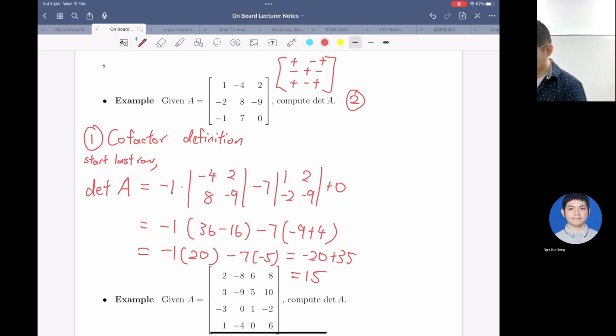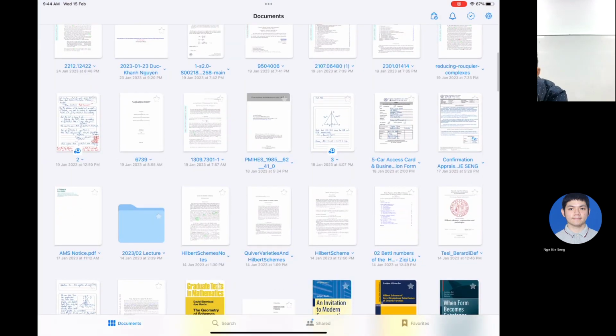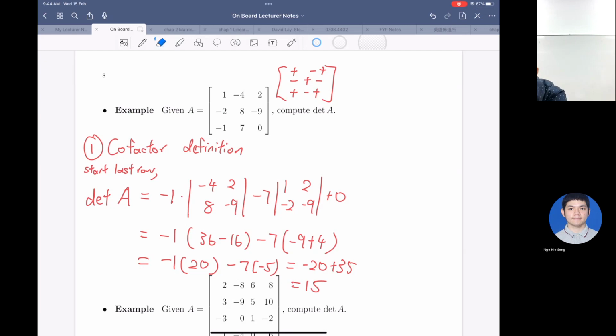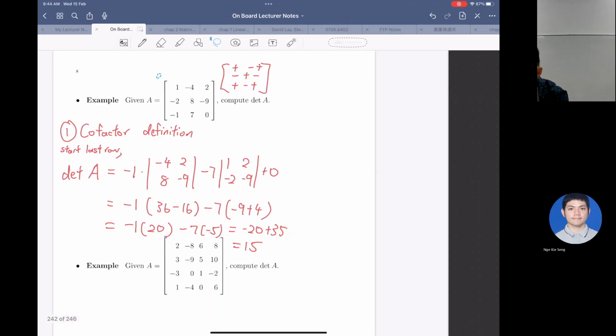Let's do this. For the determinant, I think there's not enough space, so let me copy everything over. Let's start the new one.